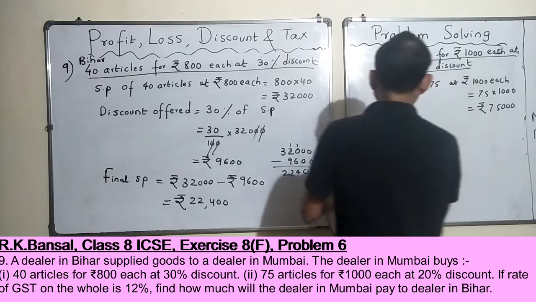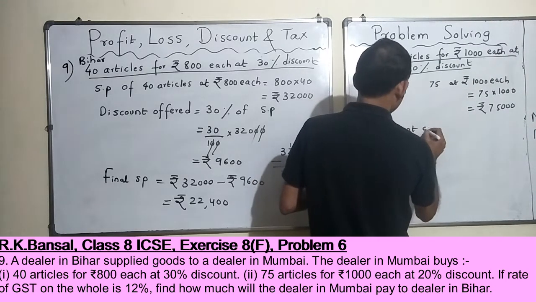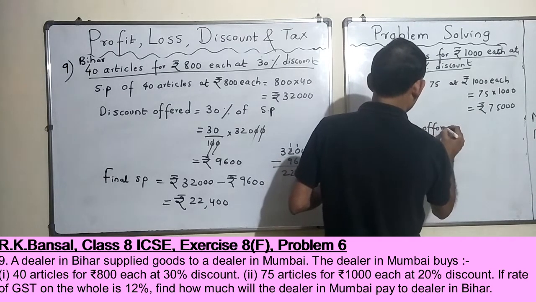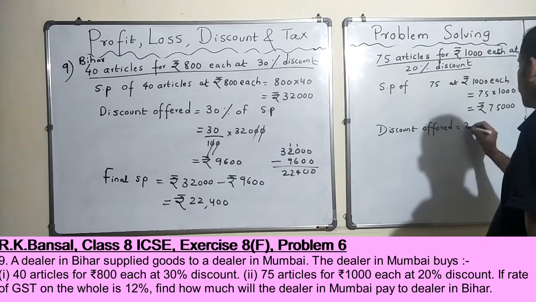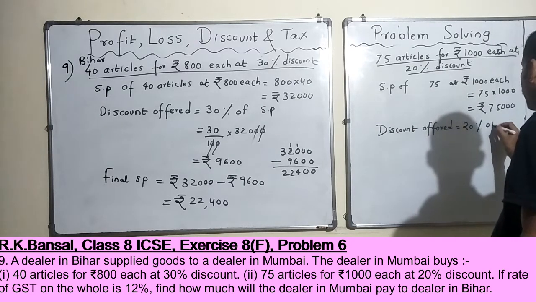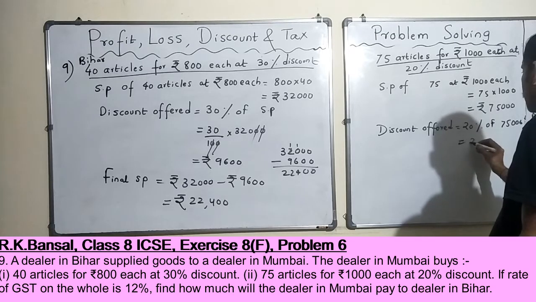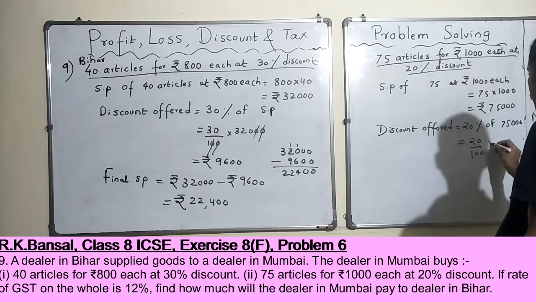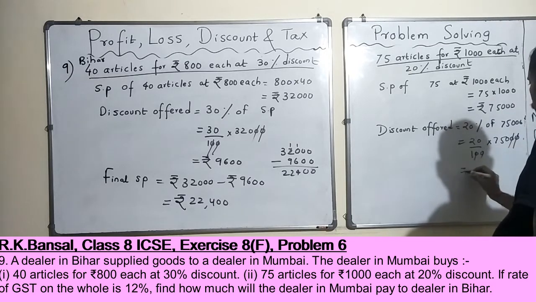Now the discount offered, write down all the steps, is equal to how much? 20% of 75,000, right? Now this is 20 by 100 into 75,000, gone, it is equal to rupees 15,000.